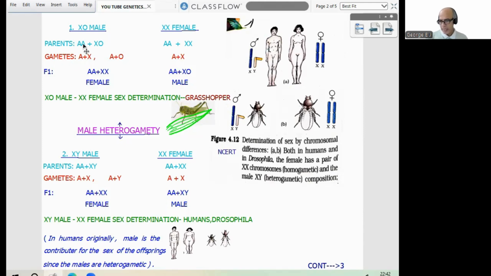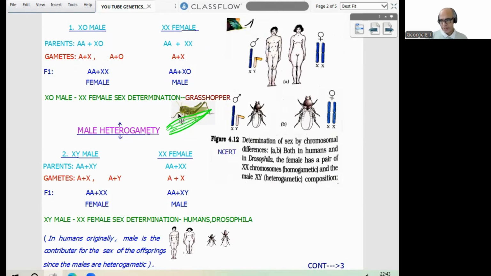Gametes will be A + X and A + O, so two types. Females produce only one type, A + X. Now these will be coupled, so A + XX is female and A + XO is male. That is how the mechanism works. This is a typical example for XO male, XX female sex determination, for example the grasshopper.